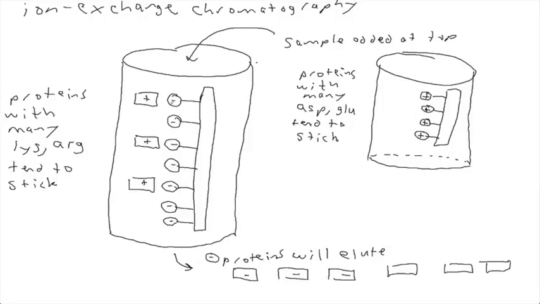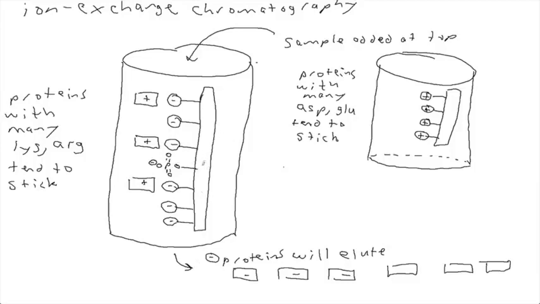So for example, the column might have lots of phosphate groups attached. Like so. Phosphate groups would be a good thing to put on the column.